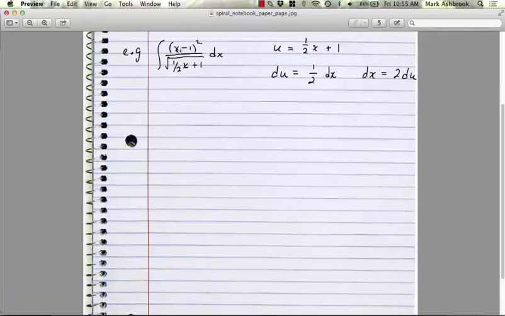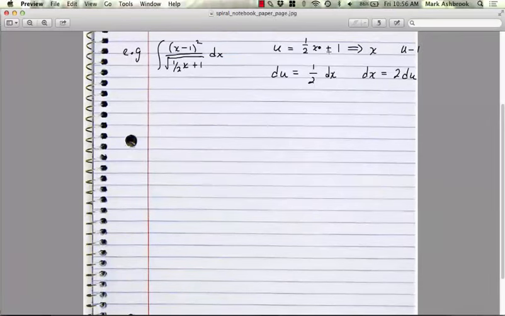Now notice that we have this x minus 1, so we're going to need to know what x is in terms of u. We can get that from this. What is x in terms of u? We do a couple of steps here. First step is subtract 1.